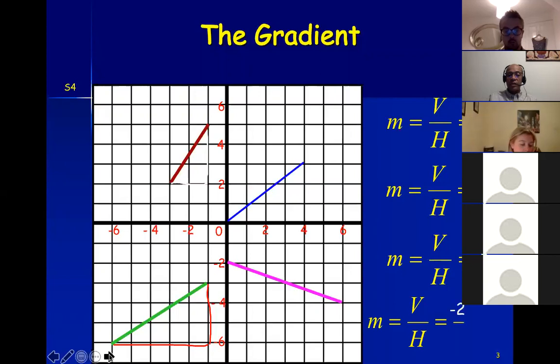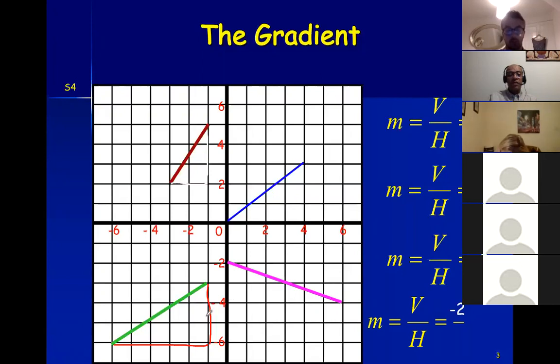So it's -2 in vertical. So you're going down by 2 as you're going along by 6. Whereas here you were going up by 3. Because we're going up, it's positive. Here we're going down, it's negative.